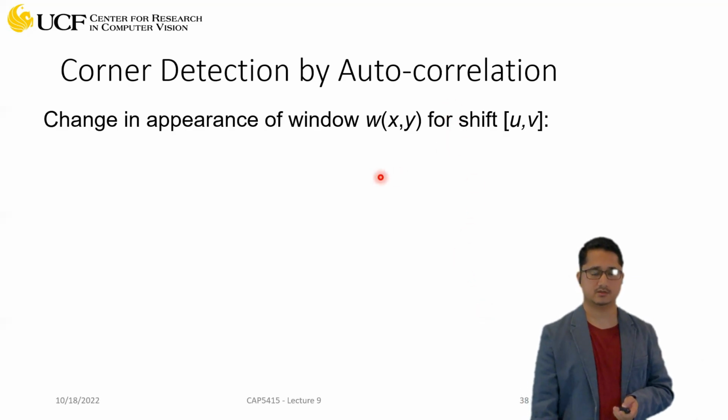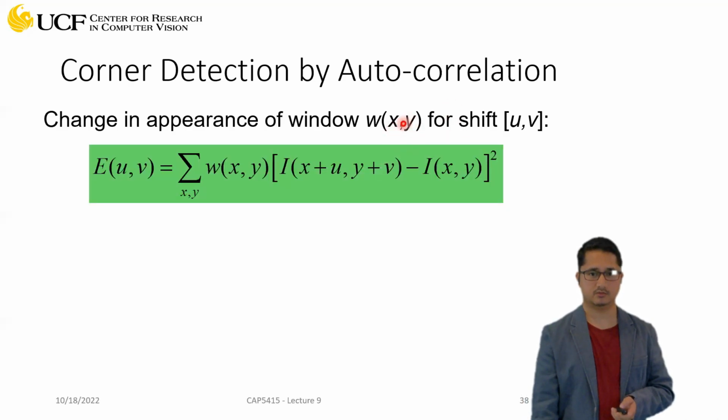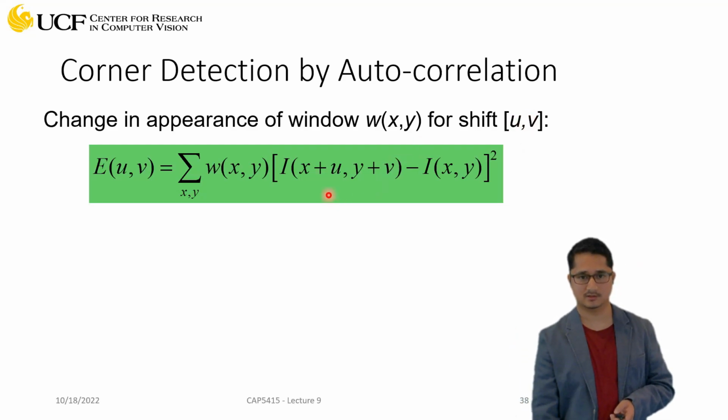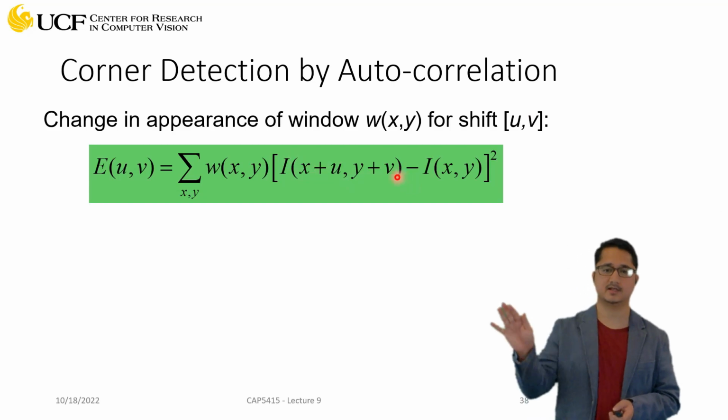So you extract this window from any location X, Y, and you shift that by these values U and V, which define the neighborhood, like how far you want to go. And then you just find the difference between these. I(X, Y) is the exact location where you're interested in, and I(X plus U, Y plus V) represents the neighborhood.